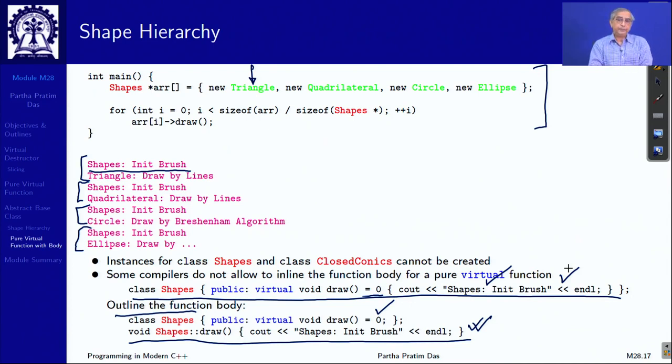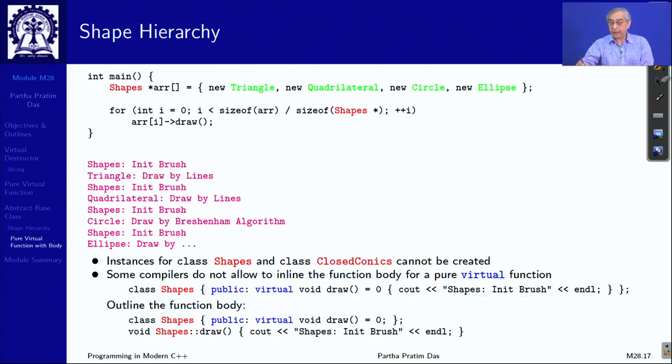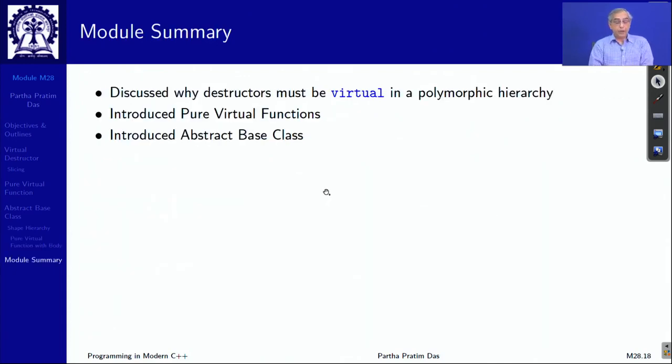I tested with GCC. The first version does not work for GCC, but the second one does. Whereas in Visual C++, in Microsoft Visual Studio, both these versions work. So, this is for your information, and you can check in the compiler you are using. Just try this out, it is good fun, and this is a good compact way to design.